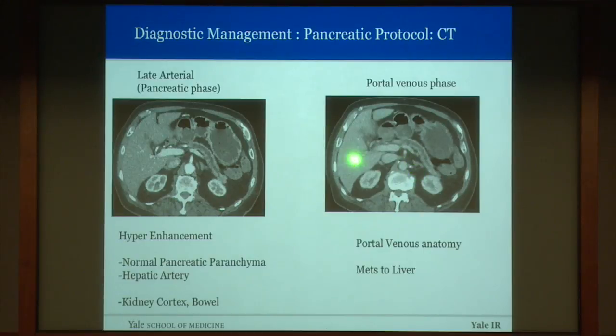And then here, you can see the veins are all enhancing throughout. And that delineation will show the hypoenhancing, hypoattenuating pancreatic cancer in the background of the hyperenhancing pancreatic parenchyma. It'll also delineate further venous anatomy on this phase and also potentially describe any possible metastatic disease to the liver.